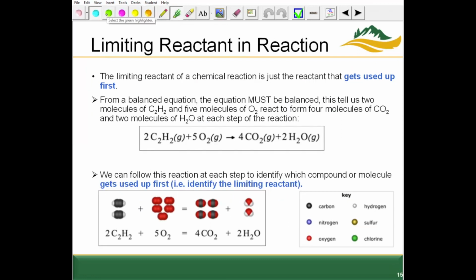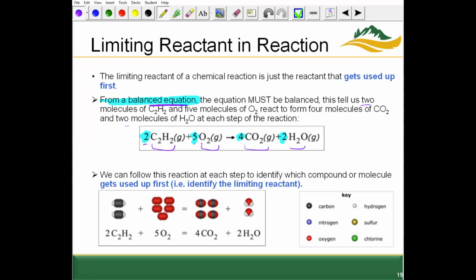So now with chemistry, we have to have a balanced equation. This is a balanced equation. These coefficients are balanced. From a balanced equation, we can then know that for every 2 molecules of C2H2 and 5 molecules of O2, when these react, we can form up to 4 CO2, or carbon dioxide, molecules and 2 molecules of H2O.